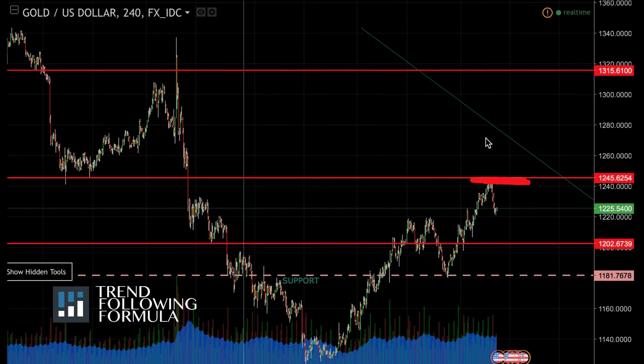If you trade this as we trade, based on the trend following strategy, you will be entering the reversal here, expecting targets beyond the previous low.